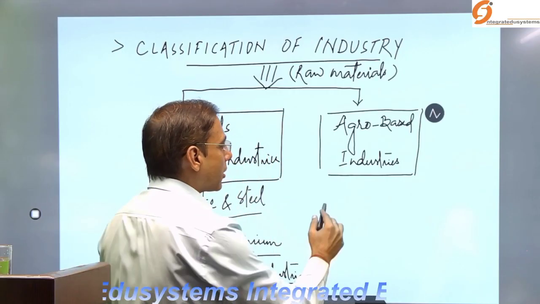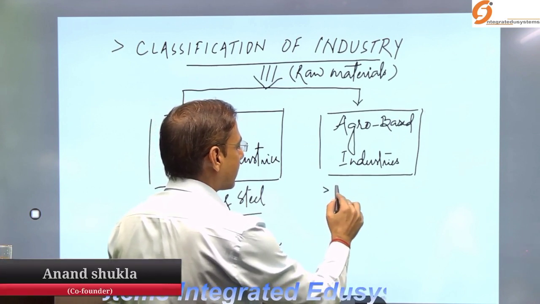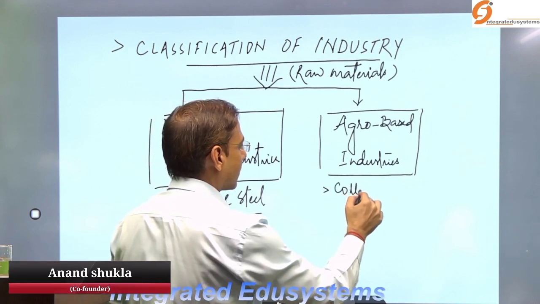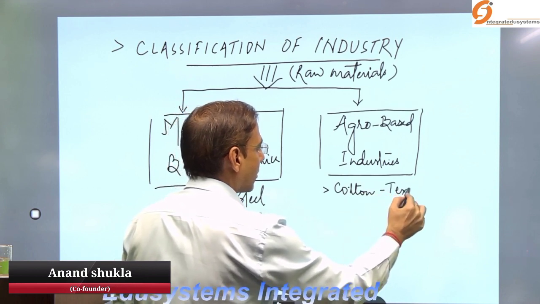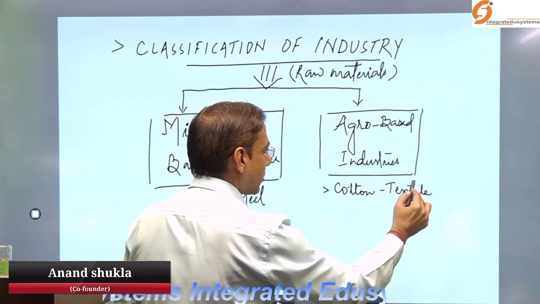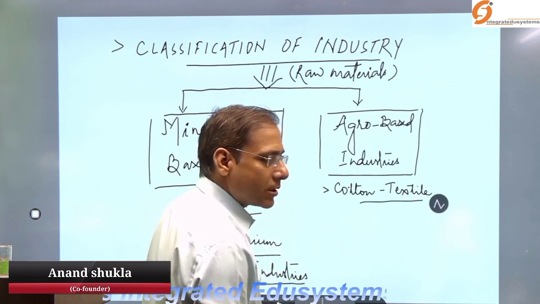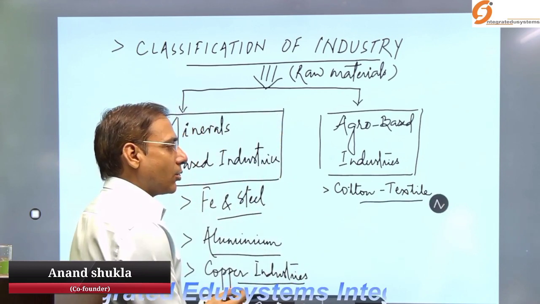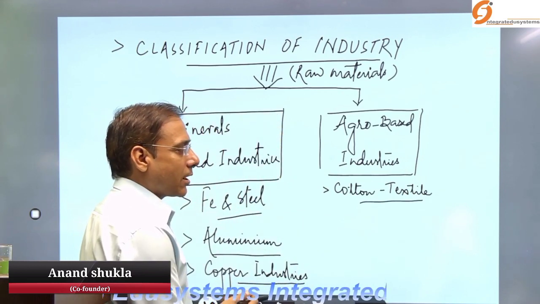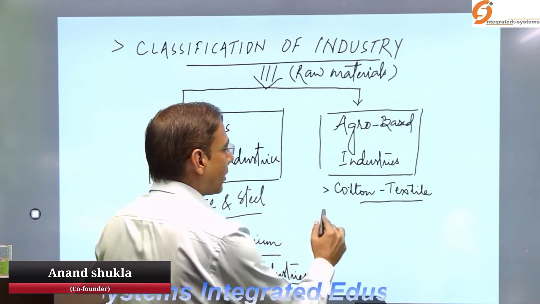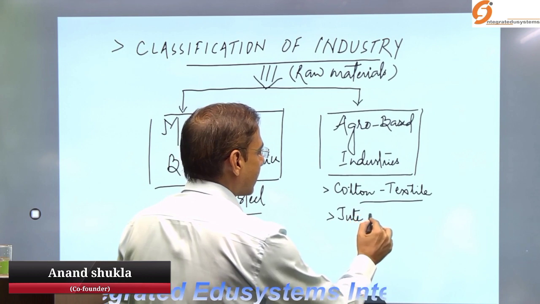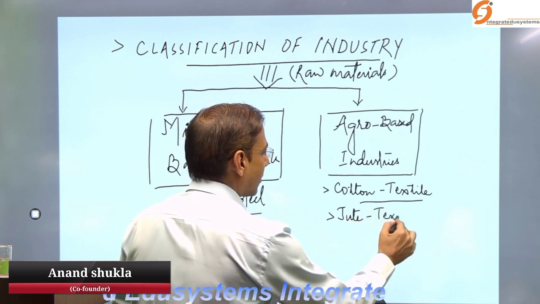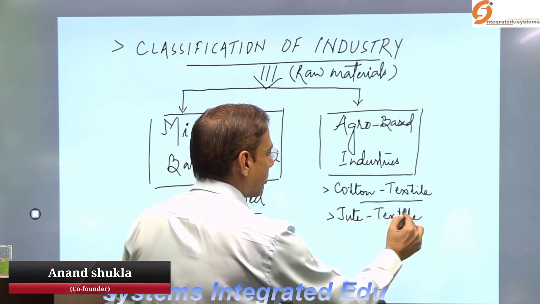As you know, the cotton textile, for example, cotton textile is an agro-based industry. As you know, the raw material required for the textile is cotton, as well as the jute textile is also an agro-based industry.